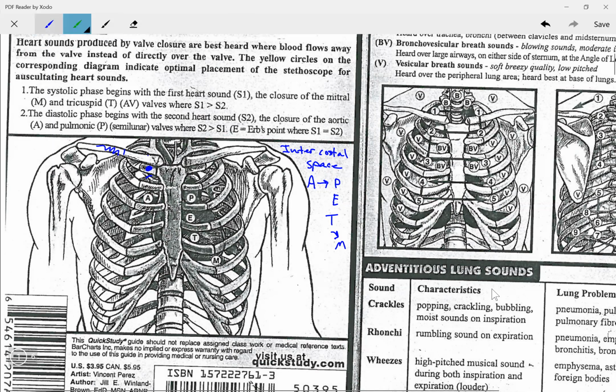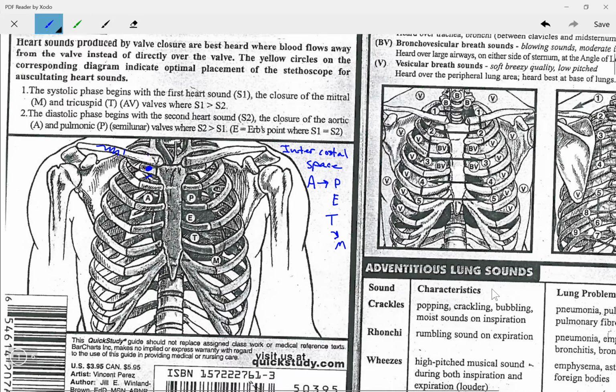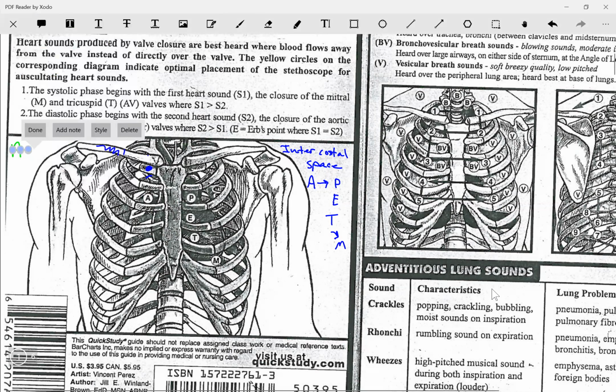Hold on, I'm trying to get my stylus to not write so thick. There we go. So A equals aortic valve. Okay.